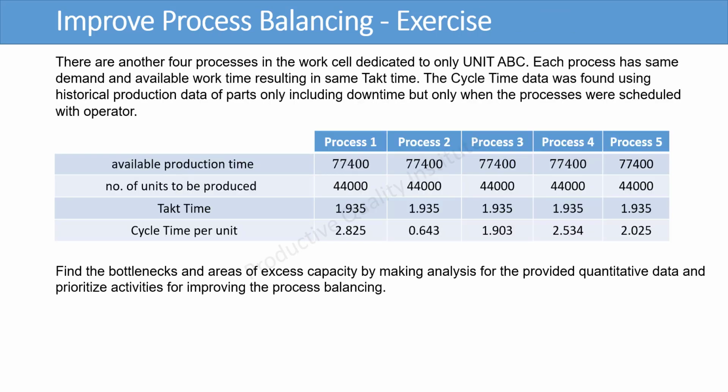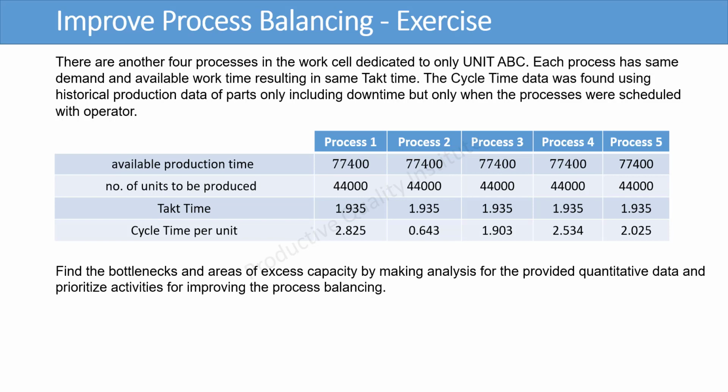There are another 4 processes in the work cell dedicated to only unit ABC. Each process has the same demand and available work time, resulting in the same takt time. The cycle time data was found using historical production data of parts, which only include downtime when the processes were scheduled with an operator.